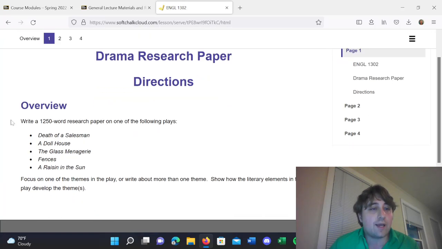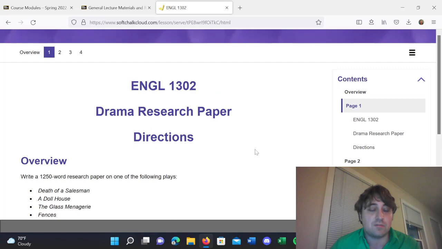So we're going to write a 1,250 word research paper on one of the following plays. So you have the options: Death of a Salesman, A Doll's House, The Glass Menagerie, Fences, A Raisin in the Sun. Focus on one of the themes in the play or write about more than one theme. Show how the literary elements in the play develop the themes.